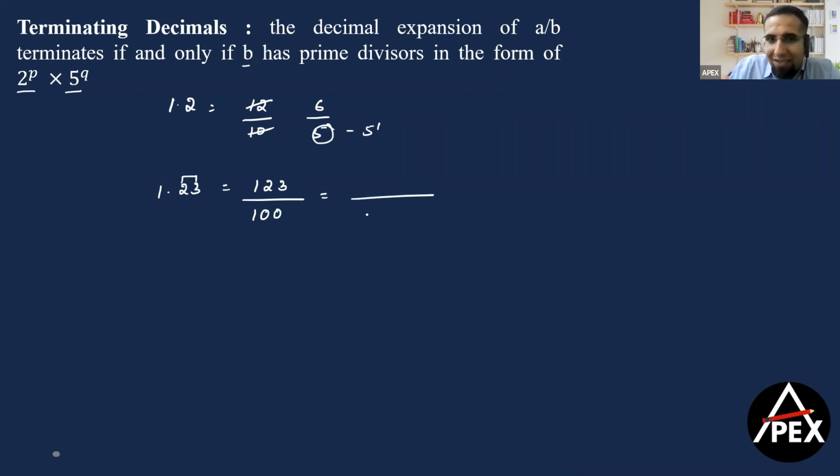Now, if you factorize your denominator, 100 can be written as 2 square into 5 square. So please understand, whenever the denominator is in the form of 2 to the power a or 5 to the power b or 2 to the power a into 5 to the power b, this number can be written as a terminating decimal.